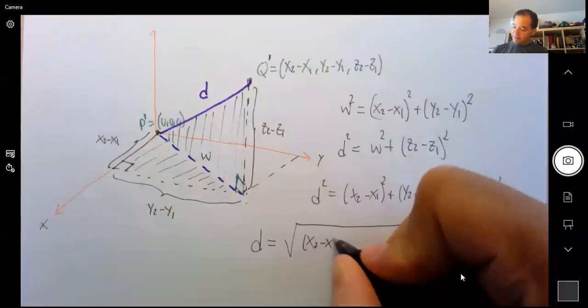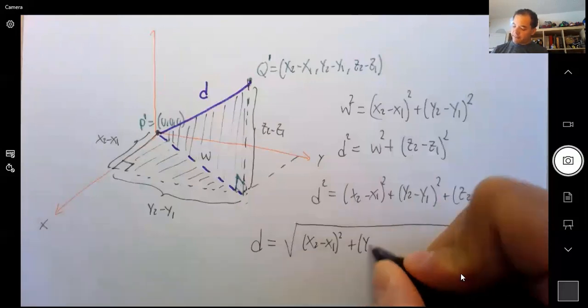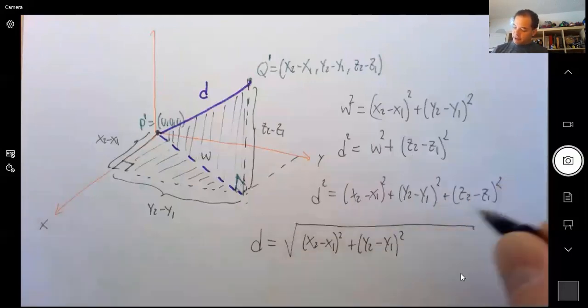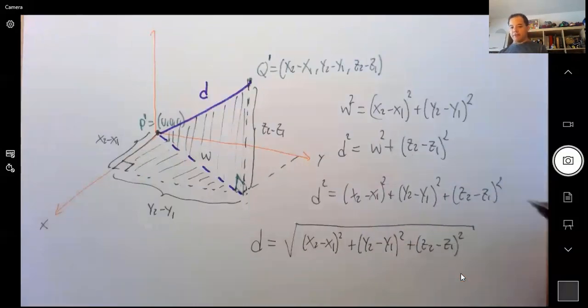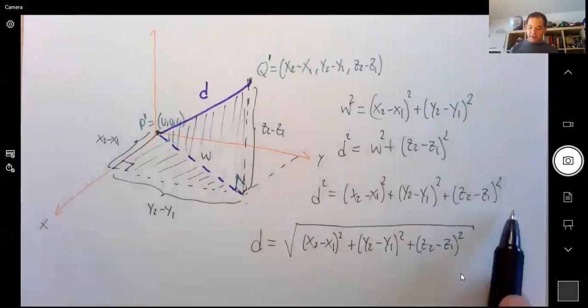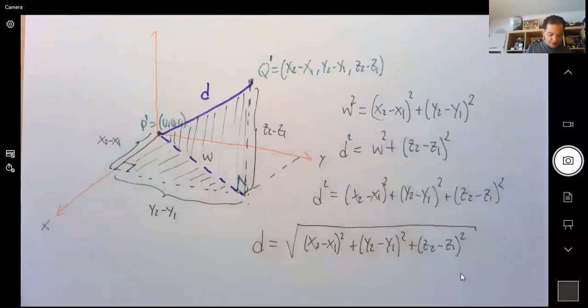You take the difference of the x coordinates and you square them. You take the difference of the y coordinates and you square them. You take the difference of the z coordinates and you square them. You add them up. You take that big square root of everything. And that is the distance from the point P to the point Q. All right? Is that clear? See, that's our explanation.